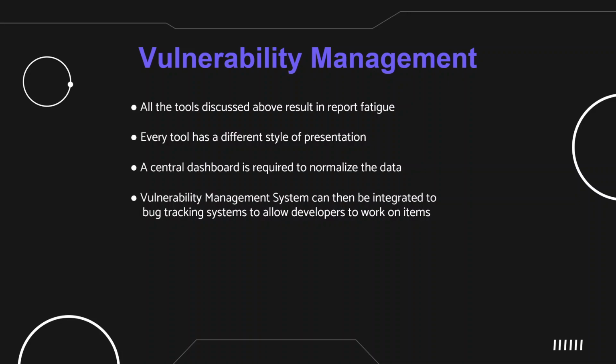Let's take the example of DefectDojo. DefectDojo is a vulnerability management tool where you can store the reports of multiple tools like SAST, DAST, SCA, secret scanning, and a number of other tools. You can throw the reports into that dashboard so that developers can easily access them and work on them.